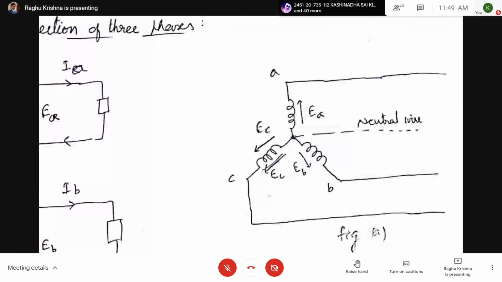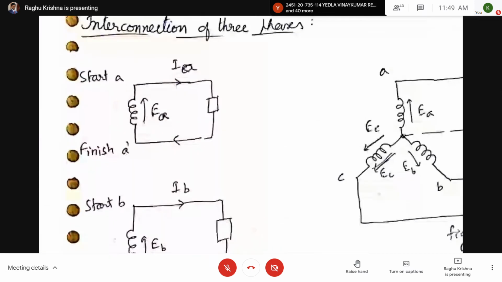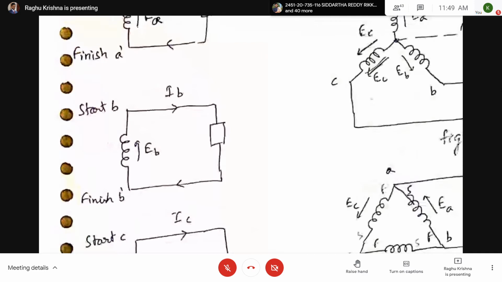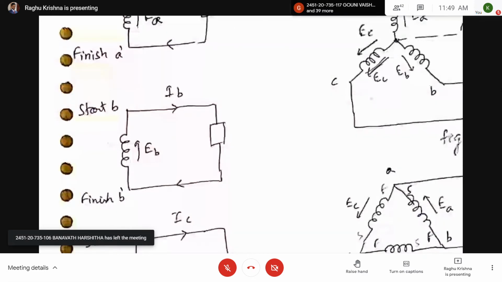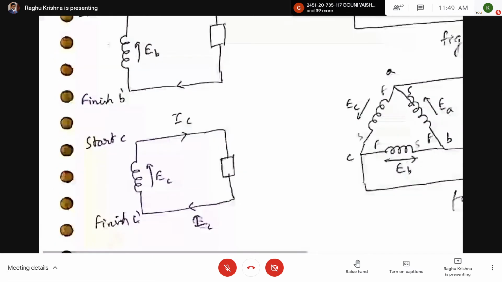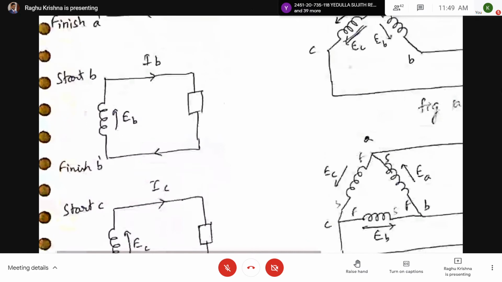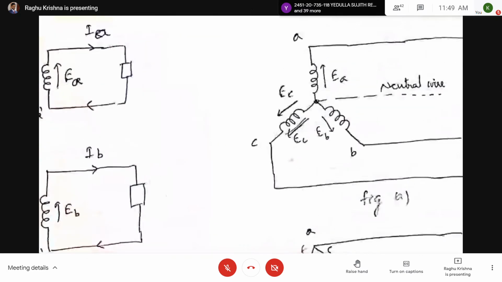The finish end of coil A is A dash, of coil B is B dash, and of coil C is C dash. If A dash, B dash, C dash are connected together to form the neutral point, and you draw wires from the A, B, and C terminals, then this becomes a star connection.